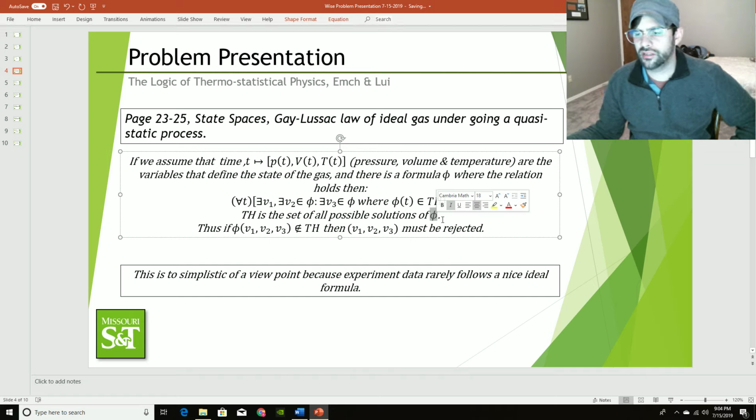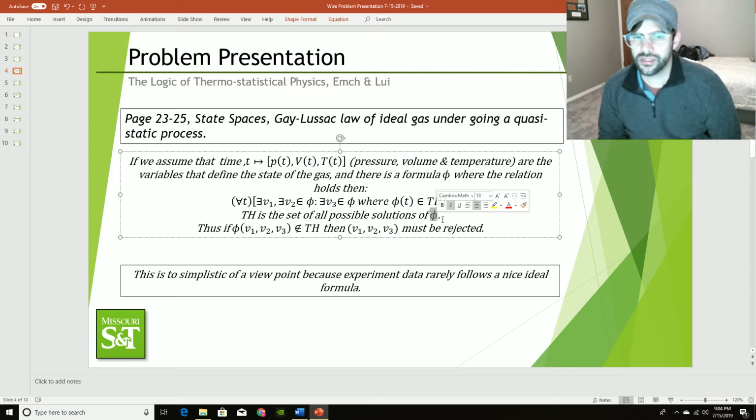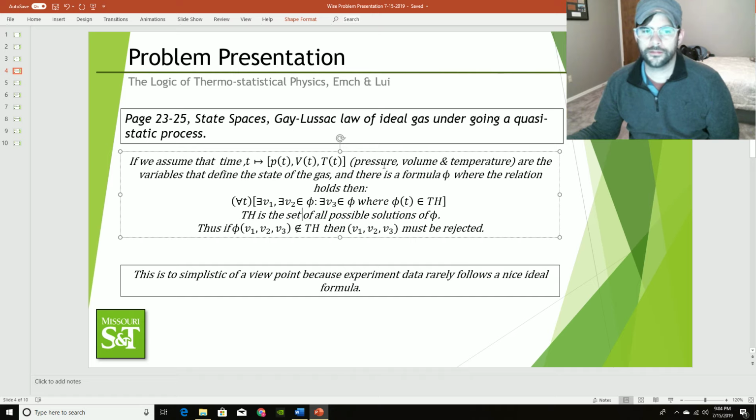So if phi is your ideal gas law, it basically means that that is a set that varies with these three variables only, and that's it. And that all of the solutions that can come out of the formula phi are within this set of TH, right?